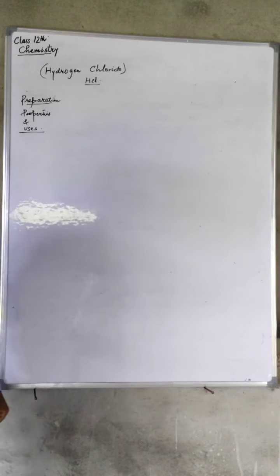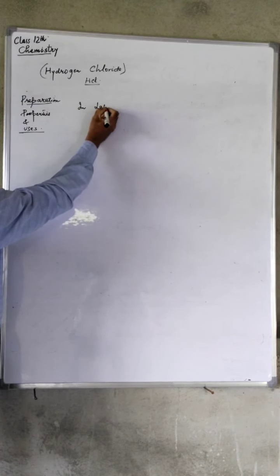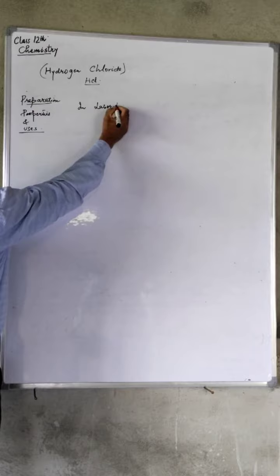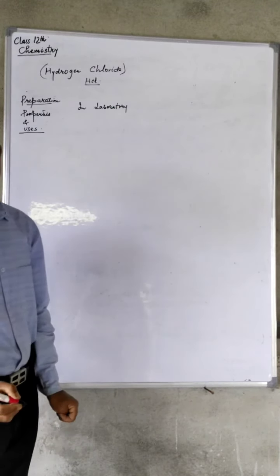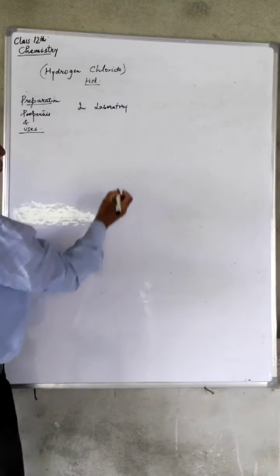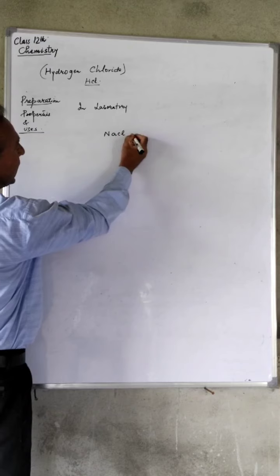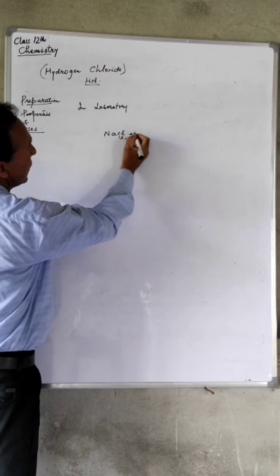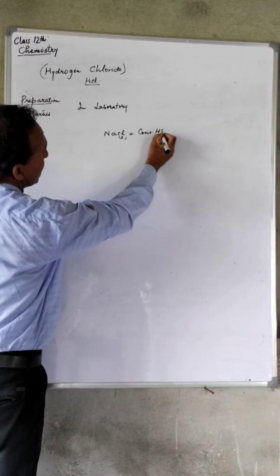Hydrogen chloride is prepared in the laboratory by heating a mixture of sodium chloride and concentrated H2SO4.